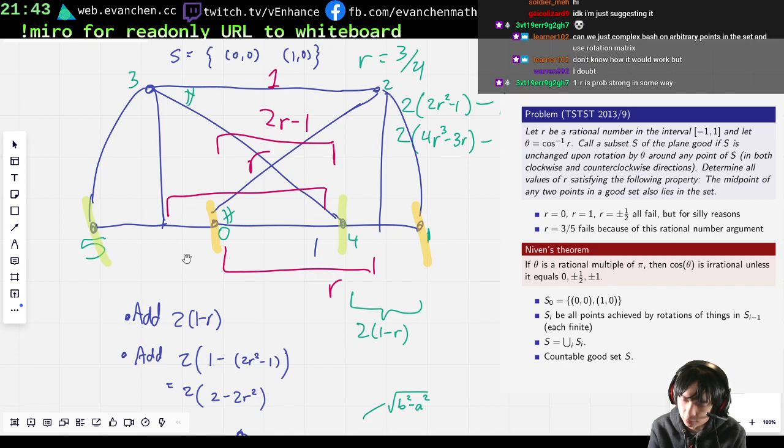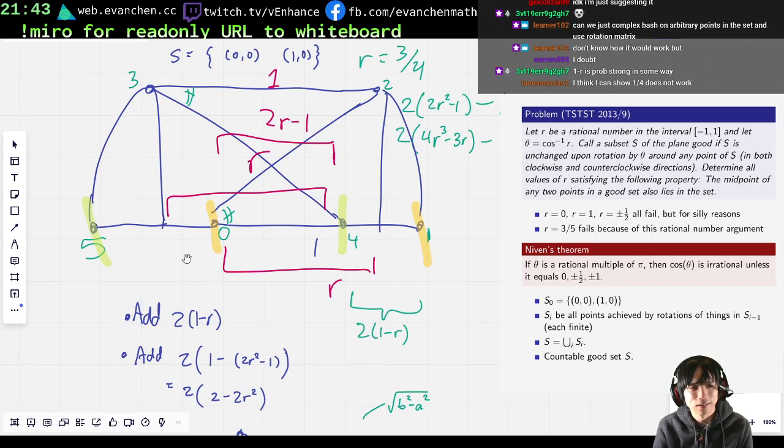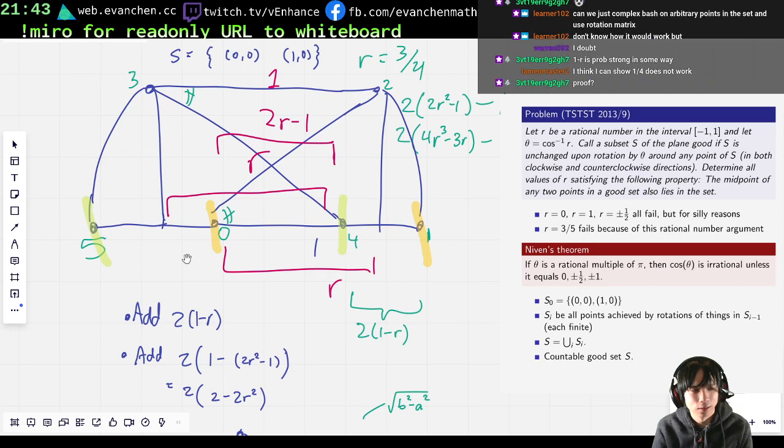One minus r is strong in some way. Something about that just doesn't sit right with me. I think I can show 1/4 does not work. Okay, never mind. Maybe it is that. Wait, no. Doesn't 1/4 literally work using the picture that's on the screen?